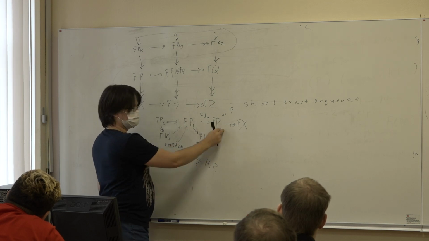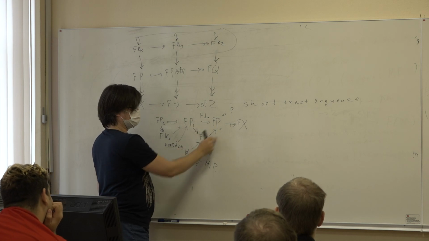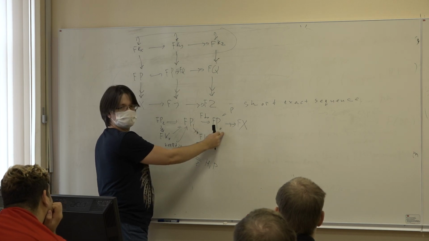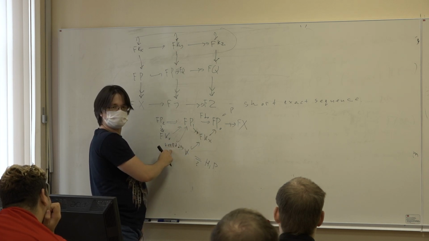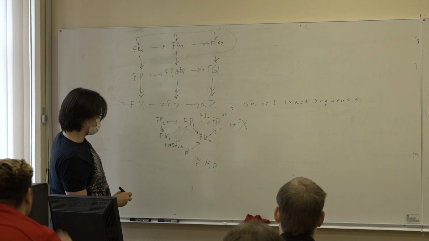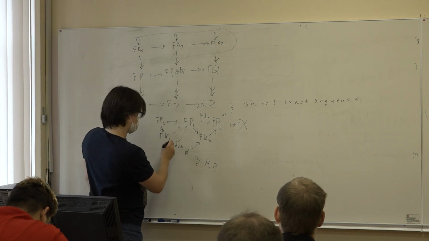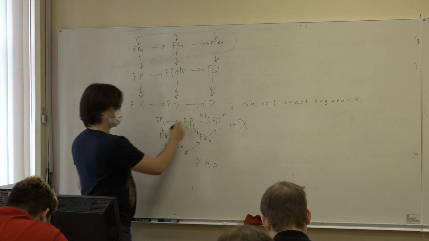And this pre-image goes to 0, because this map is simply the composition of them. Since it goes to 0, it lies in the kernel. And so we have here a map, because this composition is 0.